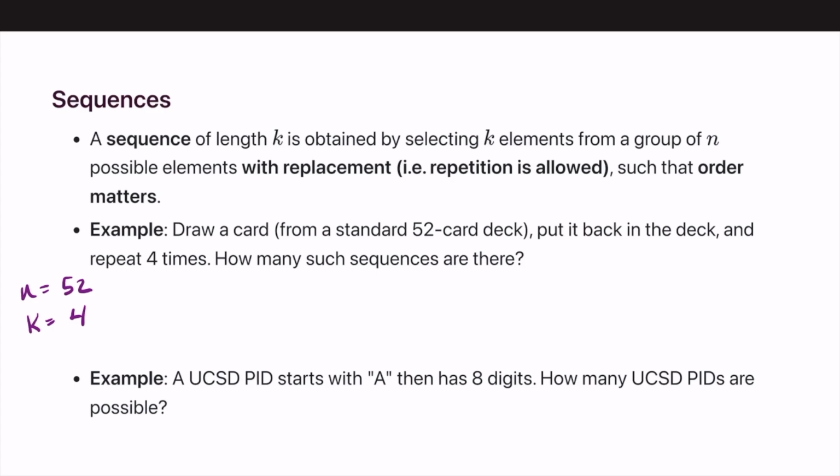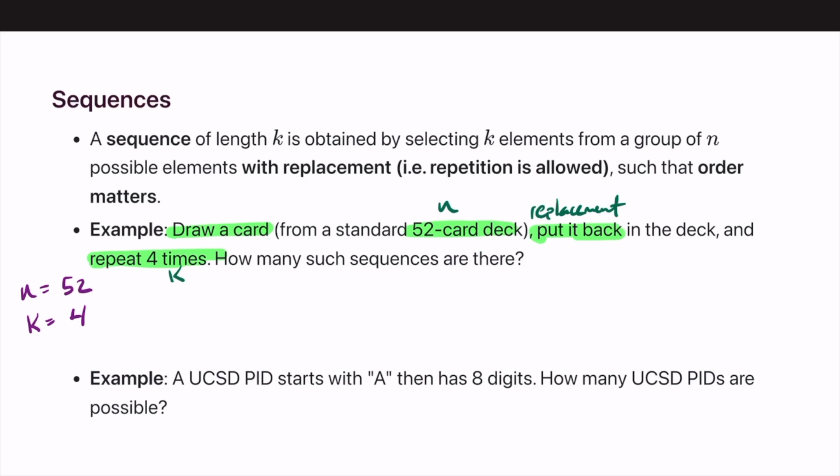Well, we're going to select 4 cards because we want to repeat this 4 times. And we're drawing a card from a 52 card deck and putting it back, right? So this tells us replacement, 52 cards is our n, repeat 4 times, that's our k, and drawing a card, okay.